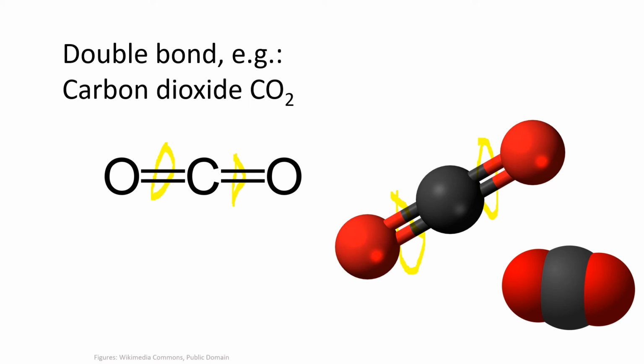As you can see, the carbon dioxide molecule is formed from one carbon atom and two oxygens. Why? And why are there double bonds?